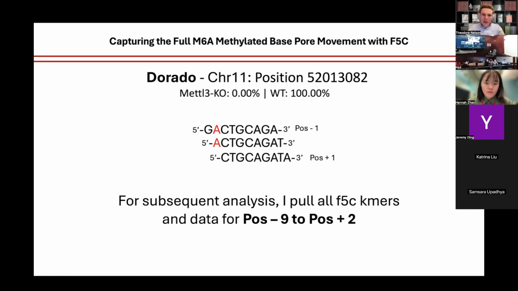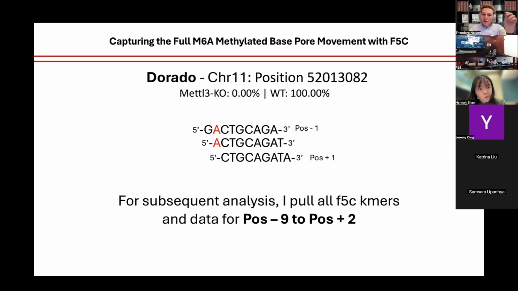And so for subsequent analyses, if you want to look at all the signal as the m6A is in the pore, anything that might be associated with the m6A, you want to go to all the positions before and after. So for the subsequent analysis, I pulled all the F5C k-mer data from position -9 to position -2.